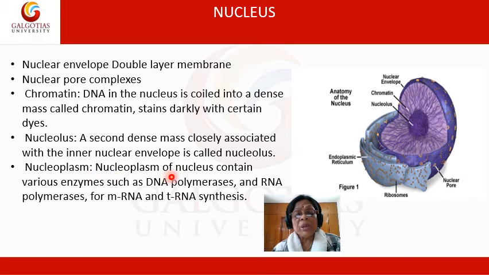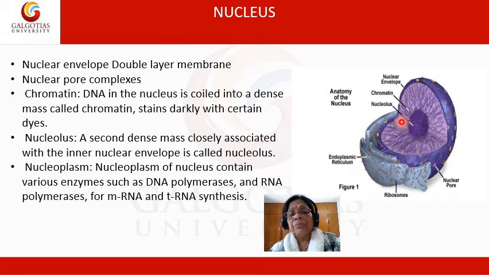The nucleoplasm of the nucleus contains various enzymes such as DNA polymerase and RNA polymerase for mRNA and tRNA synthesis. So, this is the structure of a nucleus. This is the nucleolus. This is chromatin, and the nuclear envelope or nuclear membrane, which is porous in nature. See, we can see the pores.